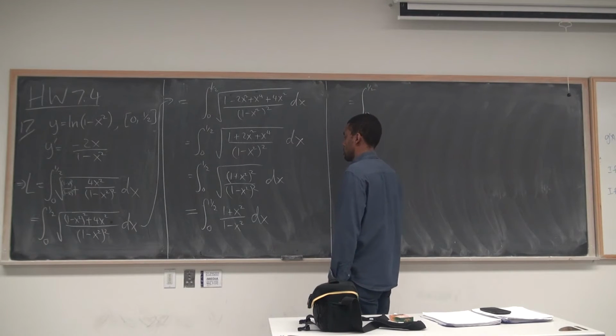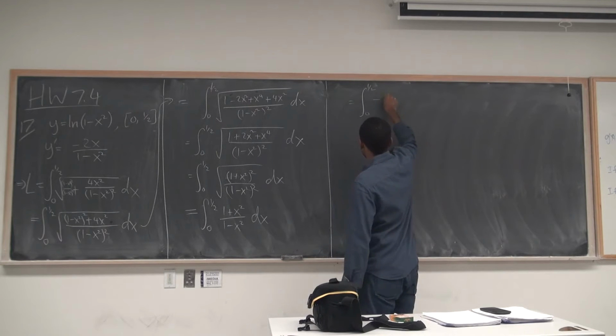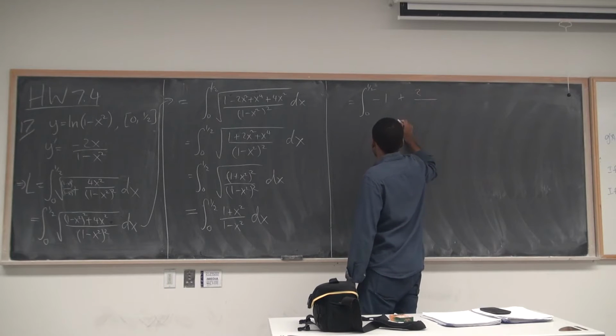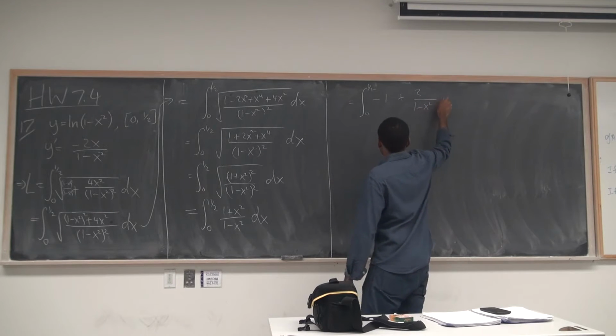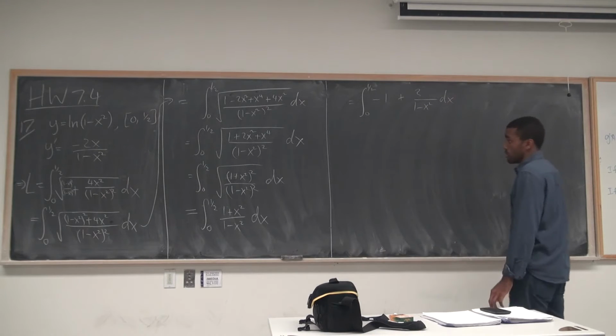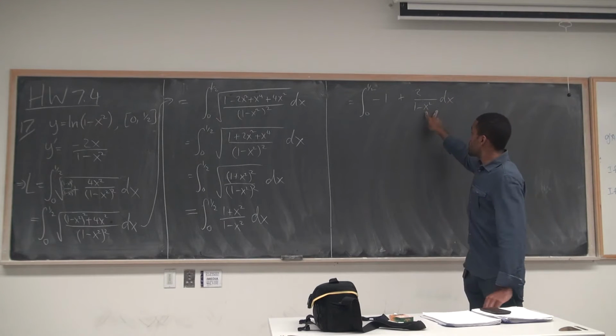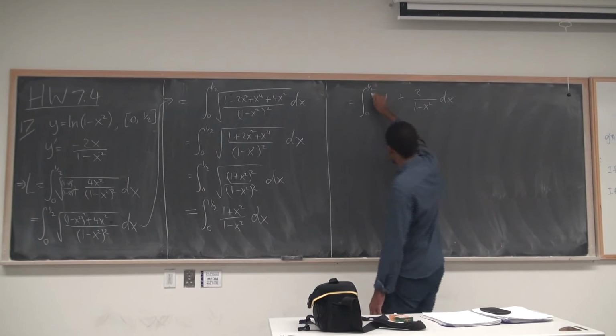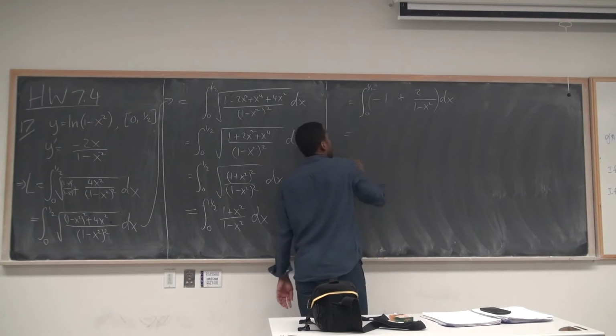Minus 1 plus 2 over 1 minus x squared. So that would give us minus 1 plus x squared plus 2, which gives me the 1. Yeah, so you do the long division, that's what you're going to get.